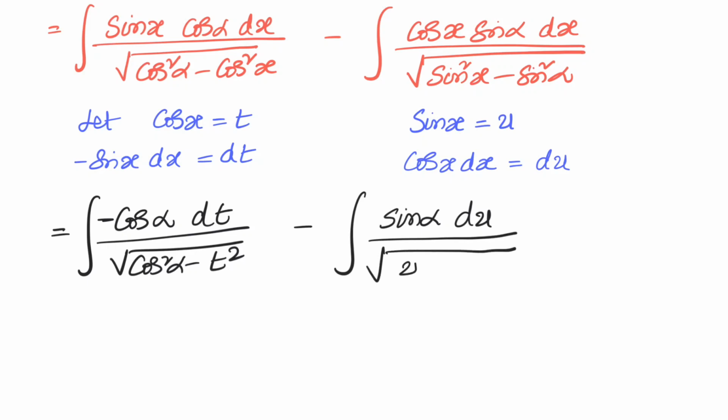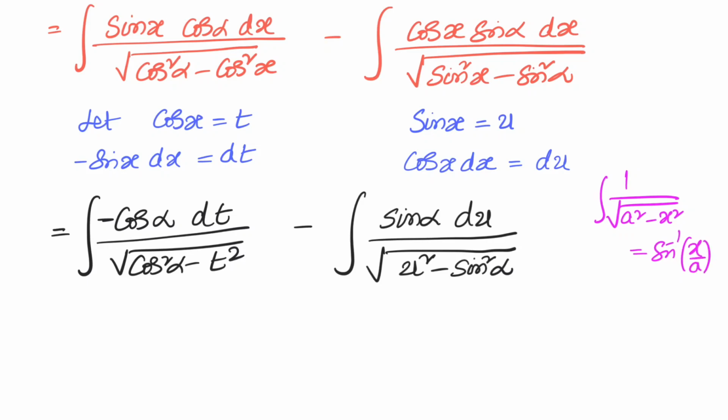Now the first integral is of the form integral of 1 by square root of a square minus x square, whereas the second one is of the form integral of 1 by square root of x square minus a square. For both of these, we know the integral.